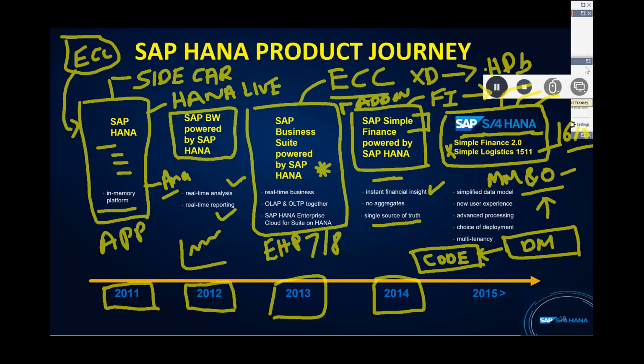One of the drawbacks is that we are not completely reducing the data footprint in this process. Although the data will be compressed because it's a native capability of the HANA database, when we put the data into HANA, it compresses the data. But still it doesn't reduce the data because we still have index tables, we still have aggregate tables in the system.